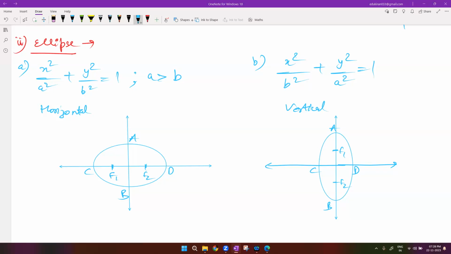Okay. So the greater length, which in this case is CD. For your convenience, I'm writing the major axis as AB and the minor axis as CD.